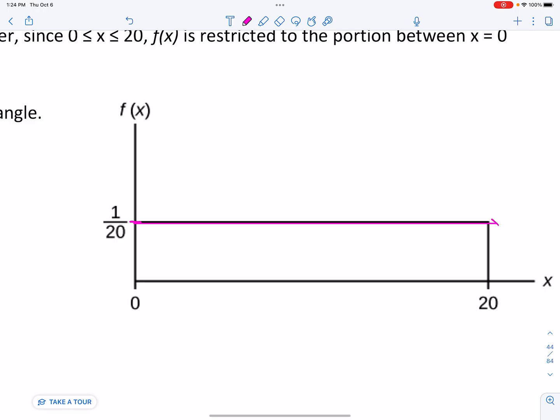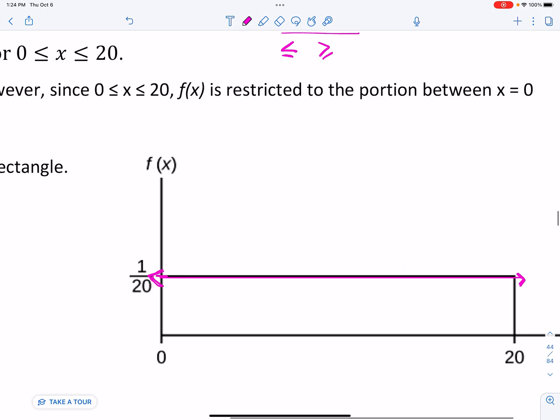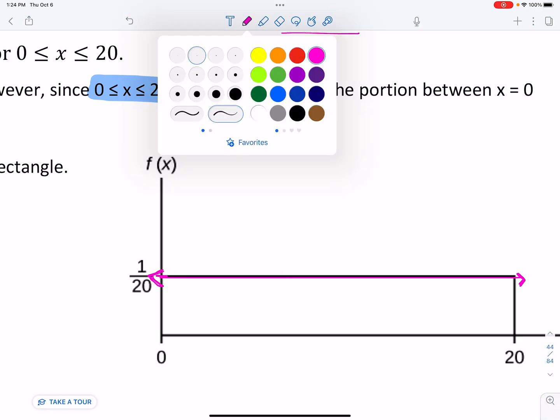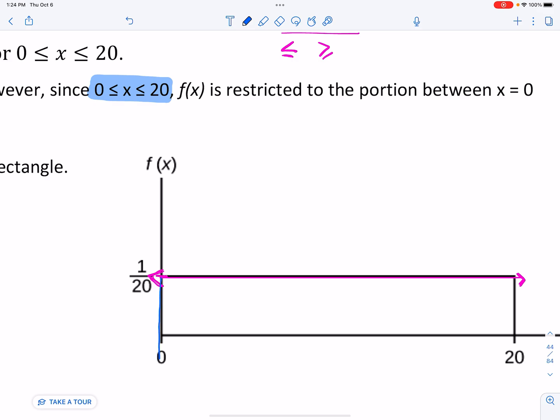Ideally, that horizontal line would extend forever in both directions, but we are restricting our domain. We're restricting our x values so that we only look at the part of the line that lies between 0 and 20. We don't care about the rest of it.